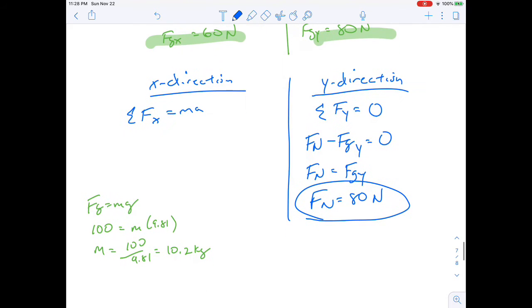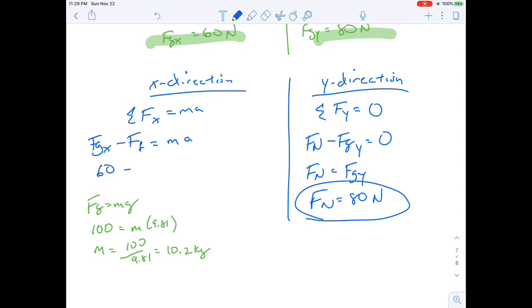So let's look at the x direction. What's pulling this down the ramp? Well, gravity's pulling it down the ramp, but since it's a ramp, only the x portion is pulling it down the ramp. And the force of friction is trying to prevent that from happening. And that's going to be equal to ma. And we discovered that this force of gravity is 60.